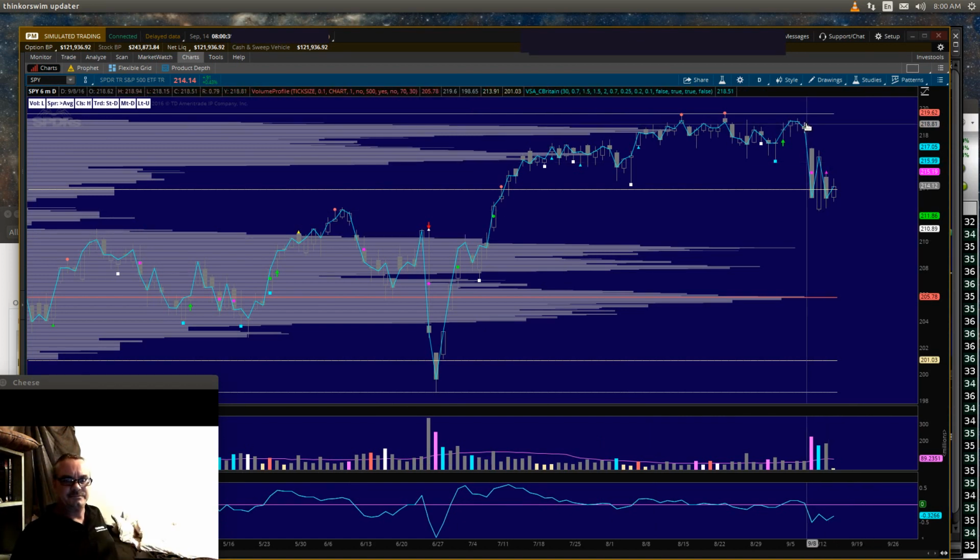So some might want to call this a bear flag, but it's not. Not when you have a down sloping flag like this. You might call that a bear pennant. I don't think it's too rough looking. Call it really anything right now.